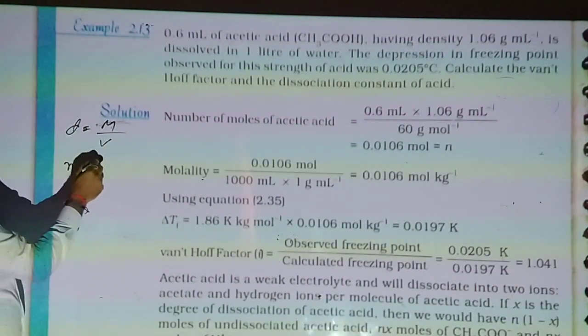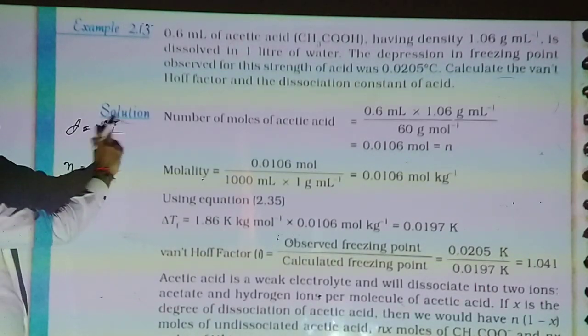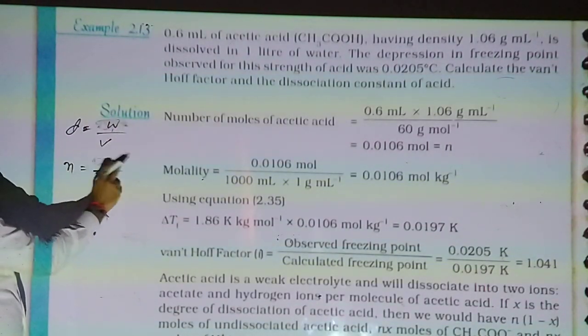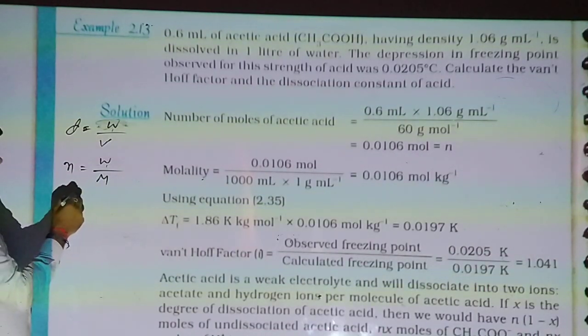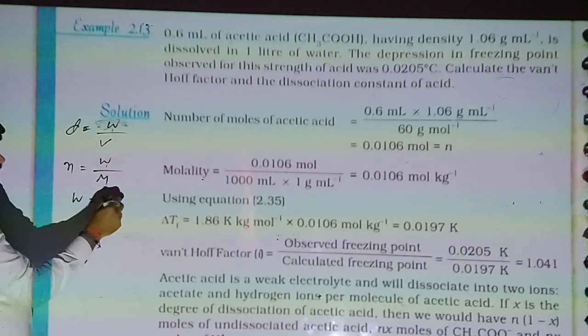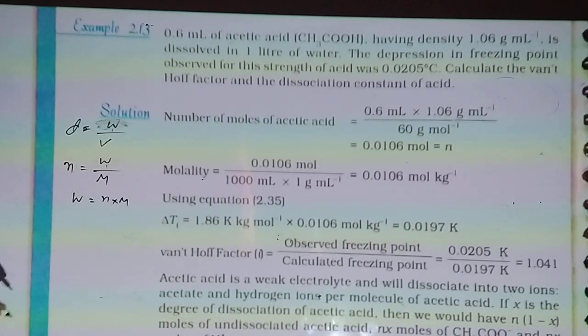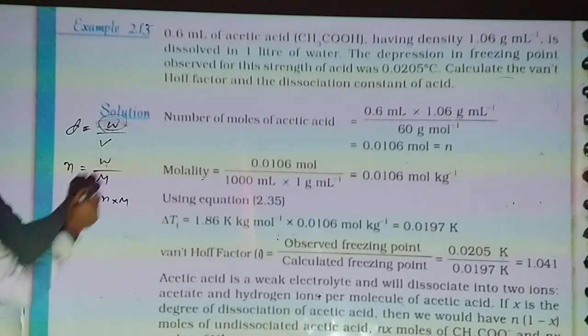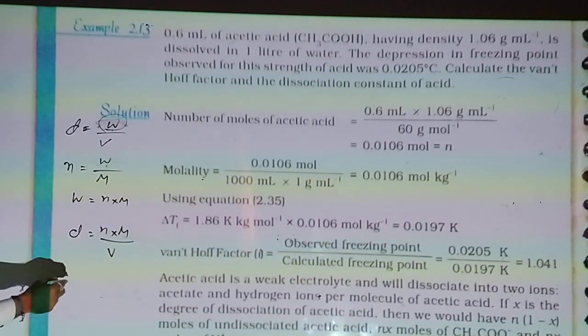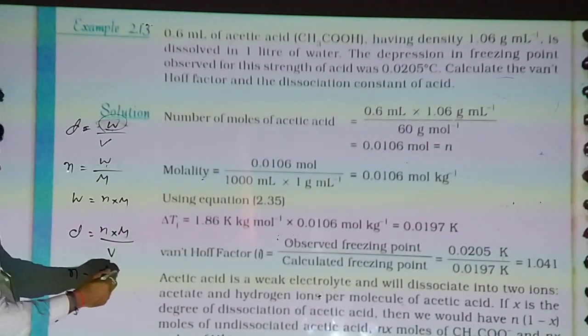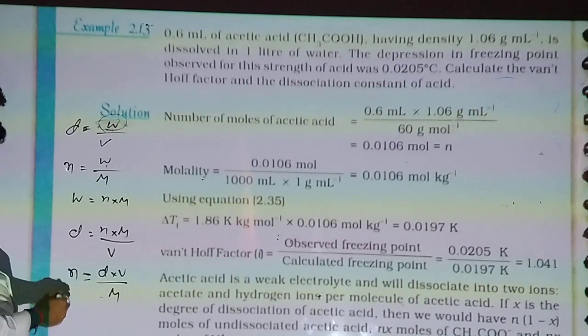So mole is equal to mass upon molecular mass, so mass is equal to mole into molecular mass. So here D is equal to n into M upon V. So mole equal to D into V upon M.